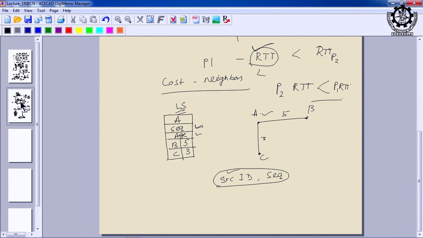So, if A generates a packet, it says that this is P1 of the source A. This is stamped all the time, so that when it is flooded to the neighbors, it is never re-forwarded, because every packet is stored and forwarded in the flooding case. That is what we studied in the flooding algorithm.